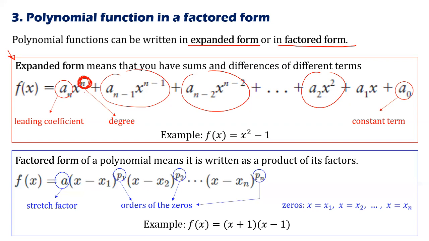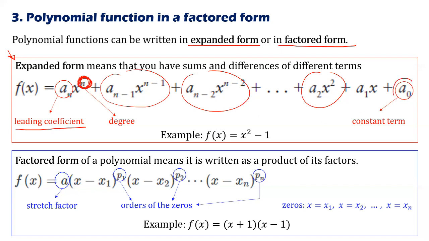We have already learned this. The degree of the polynomial is the largest exponent of x, right? And correspondingly, the coefficient of the largest term, the term with the largest order here, is called the leading coefficient.